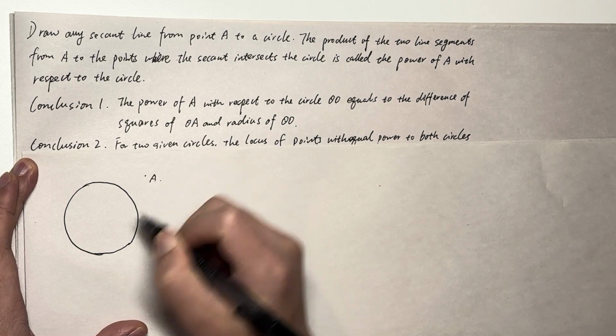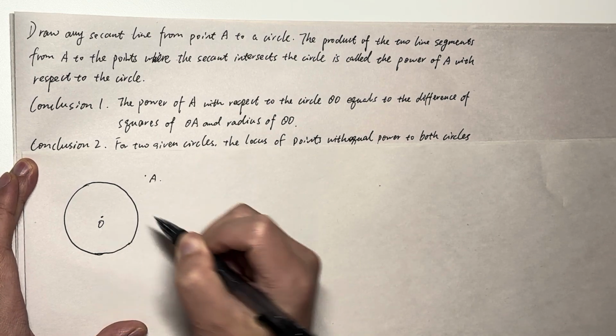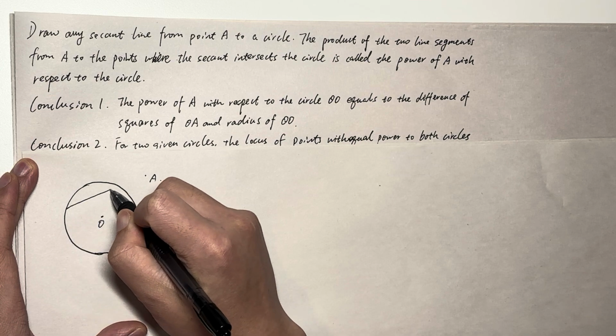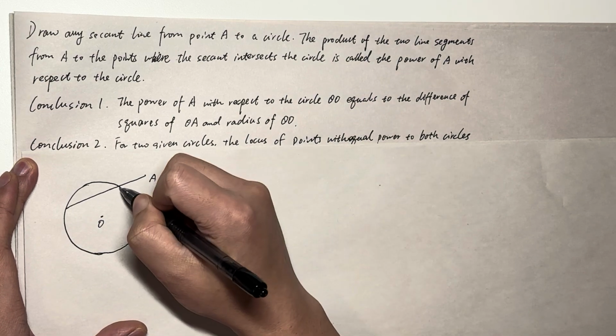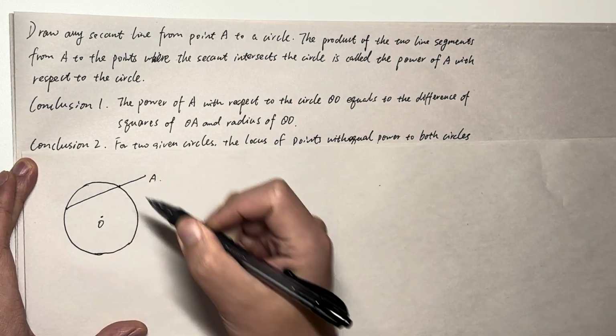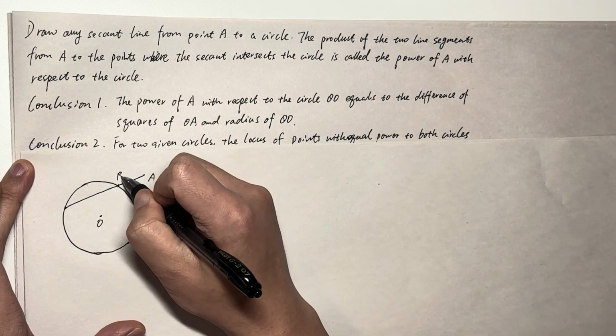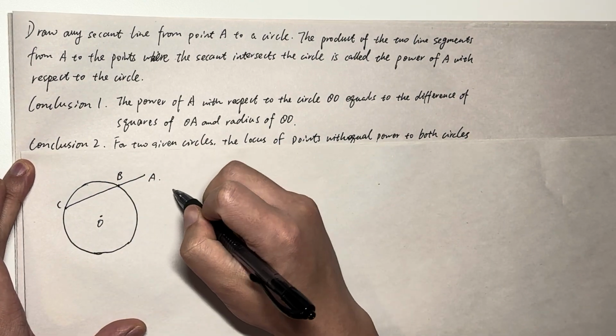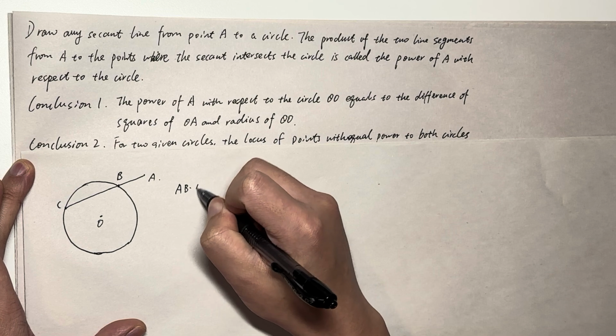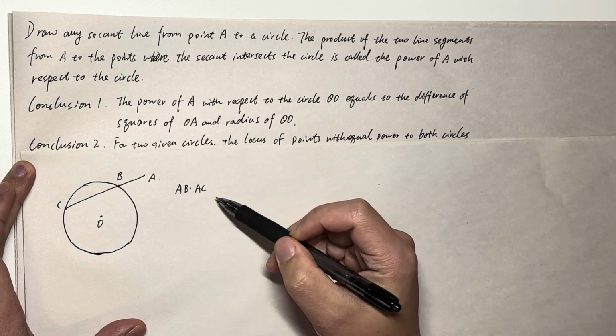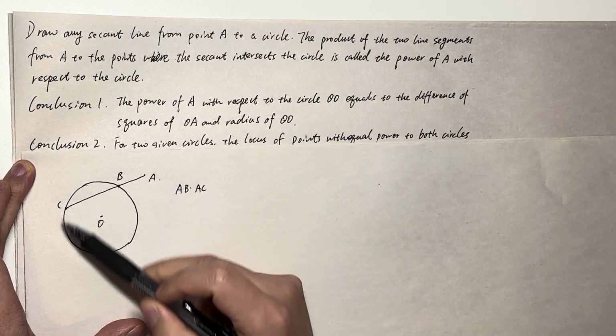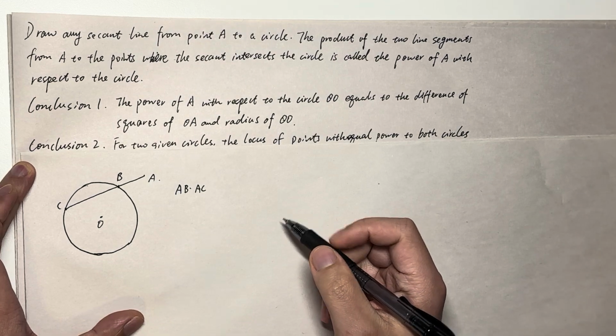So this is point A, this is circle O. If we draw a secant that intersects the circle at points B and C, then we call AB times AC the power of A with respect to the circle O, right?